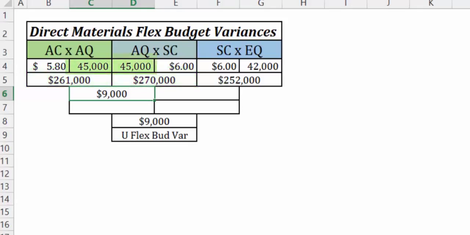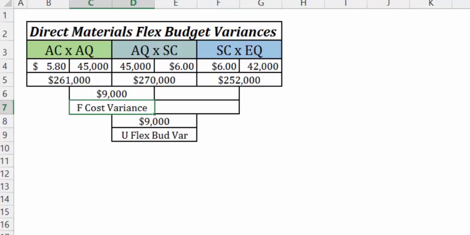If you notice up there, we've held the quantity constant. 45,000 yards is the amount of fabric we actually used. We're holding that constant, and we are varying the cost between actual cost and standard cost. That makes this a cost variance.